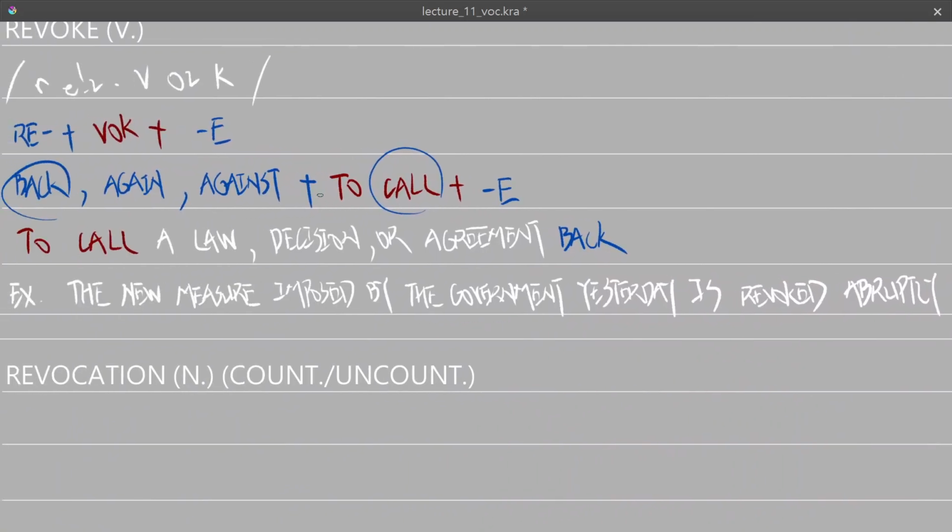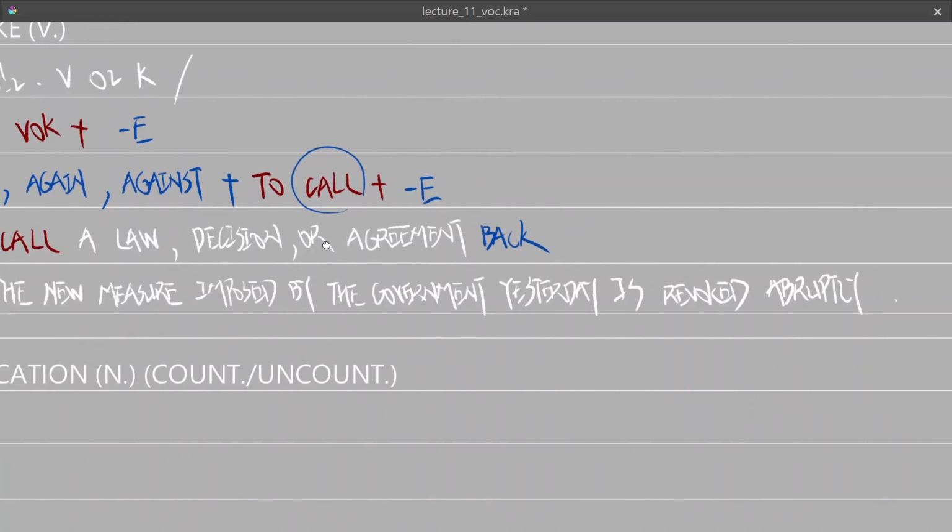Cool. The new measure imposed by the government yesterday is revoked abruptly.